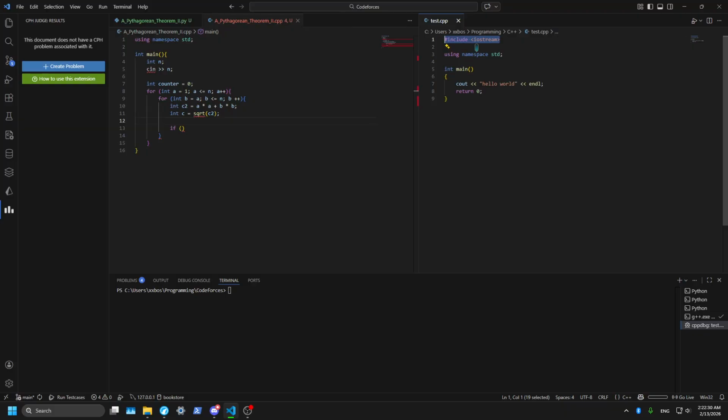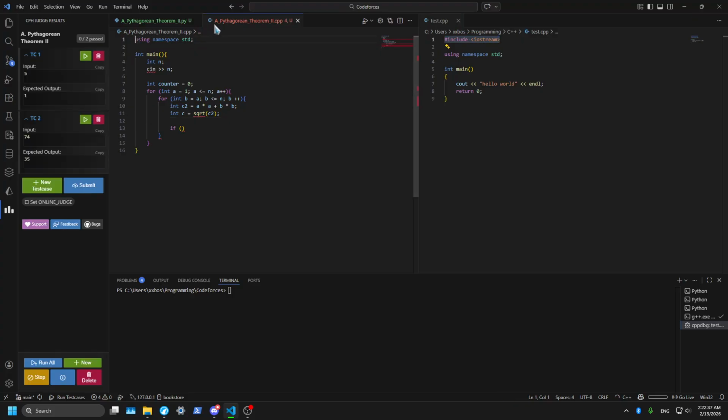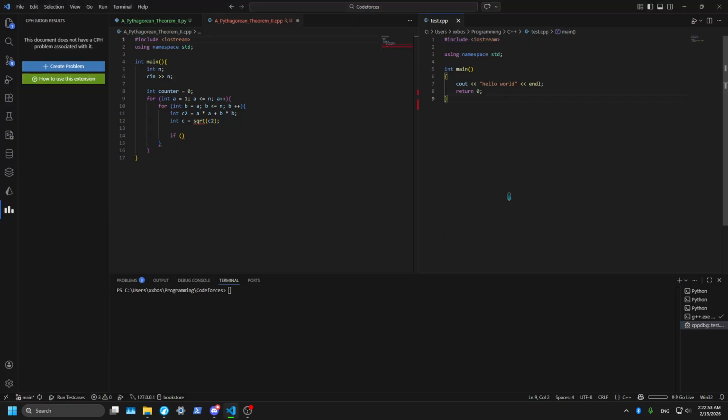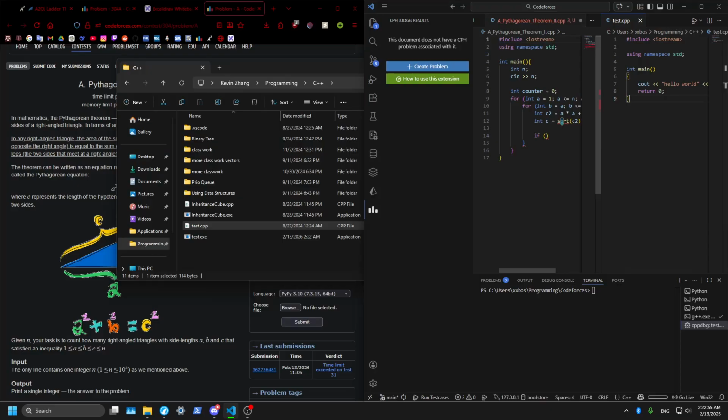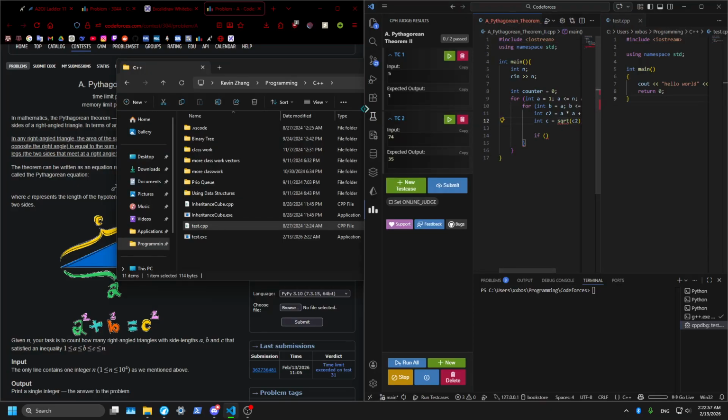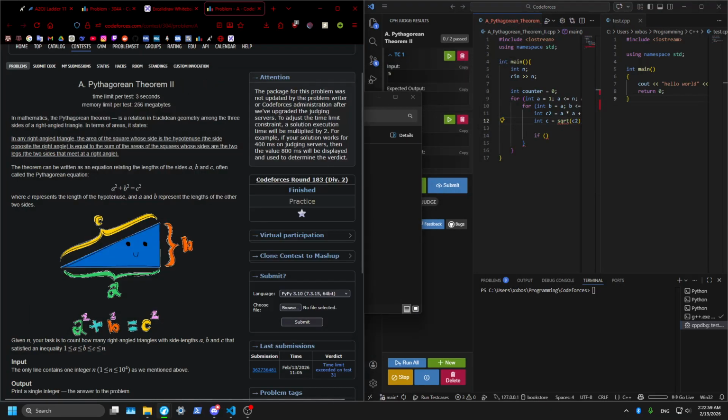Include iostream, using namespace std. Okay, I remember using something like bits/stdc++.h. Okay, it's this. This doesn't work because we do not have the right library imported.